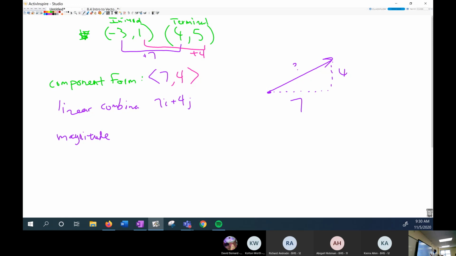So if I'm going to do the Pythagorean theorem, magnitude of vector v is the square root of 7 squared plus 4 squared. What's 7 squared? 49. What's 4 squared? 16. 49 plus 16. 65.